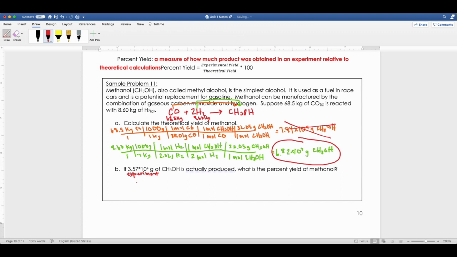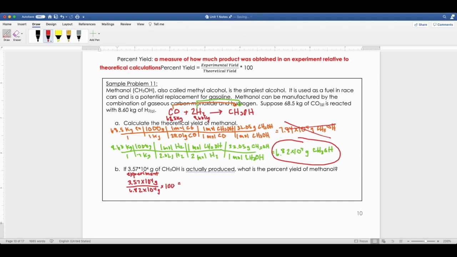And all I have to do is determine, well, what's my experimental divided by my theoretical? What percentage of the whole is that? So my percent yield is equal to 3.57 times 10 to the 4th grams, and I'm going to divide that by 6.82 times 10 to the 4th grams, times 100.